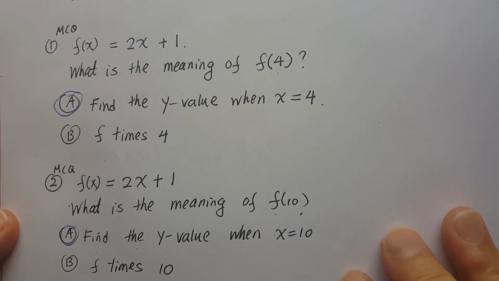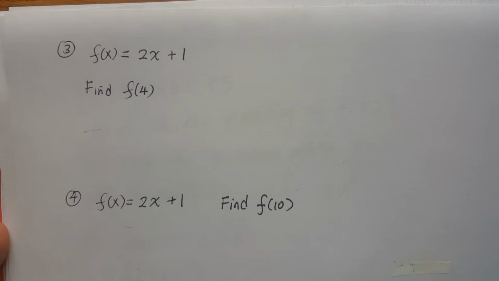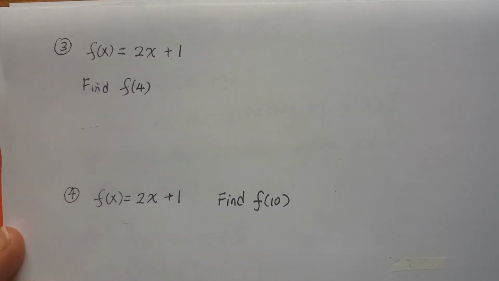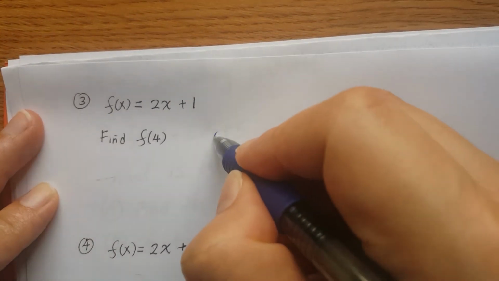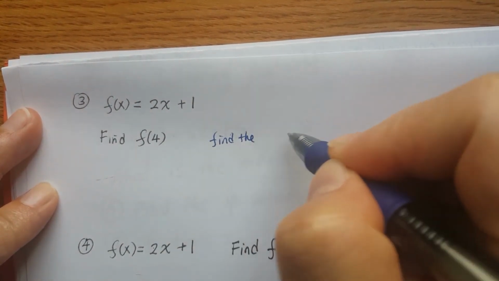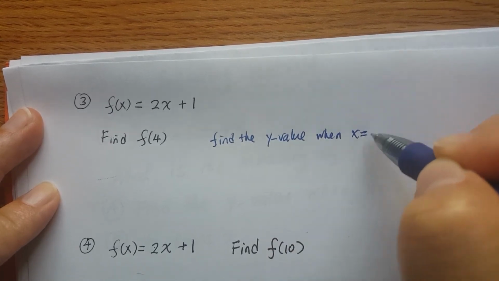Now let's take a look at question number 3. f(x) = 2x + 1. Find f(4). It means find the y value when x = 4.